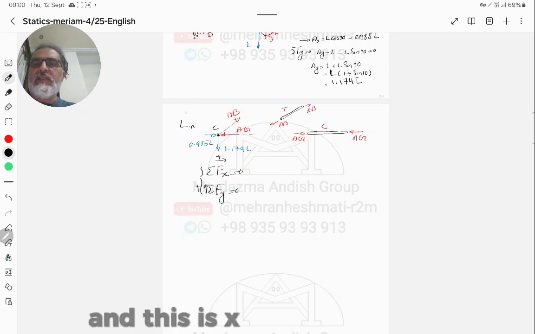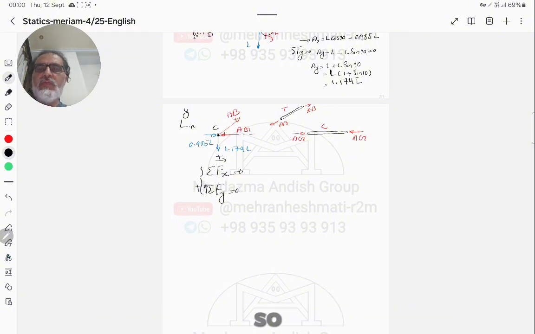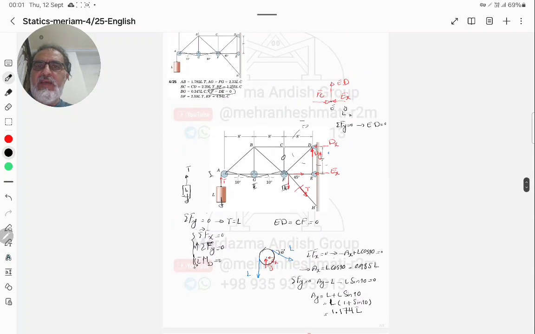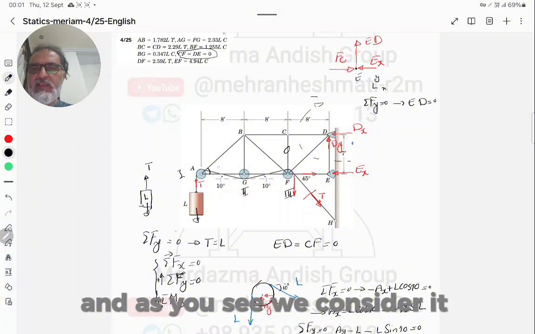And this is x and y directions. So the summation of F of x means 0.985 L minus AG plus AB. And as you see, we consider it alpha.